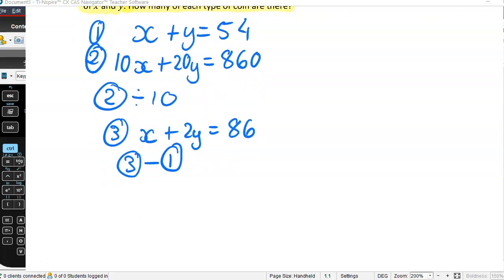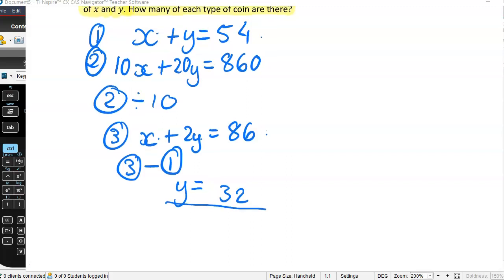So x take away x is 0, 2y take away y is y, 86 take away 54, 32. So that means I've got 32 20-cent coins.